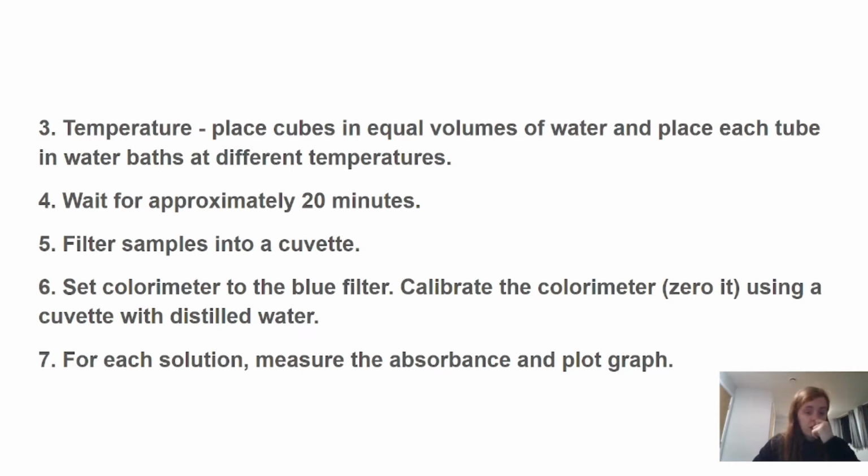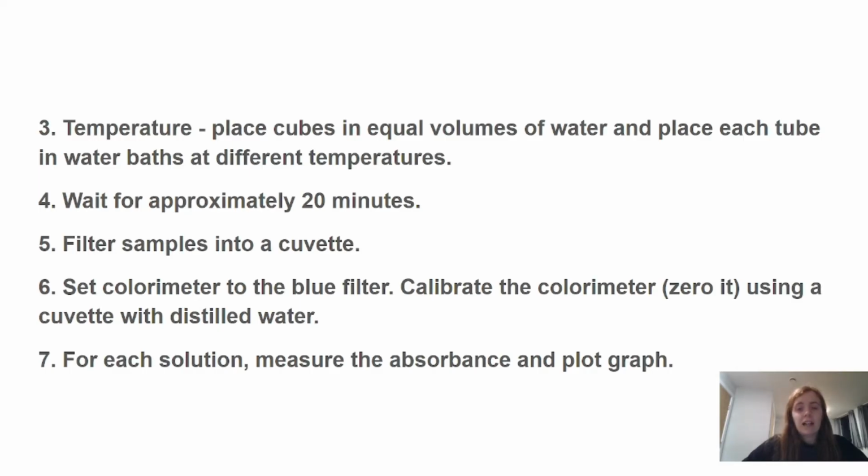You then want to measure the absorbance of all of your cuvettes. Obviously each cuvette has a different tube in it. To measure the absorbance, you want to use something called a colorimeter. When you're using your colorimeter, you want to set it to the blue filter.